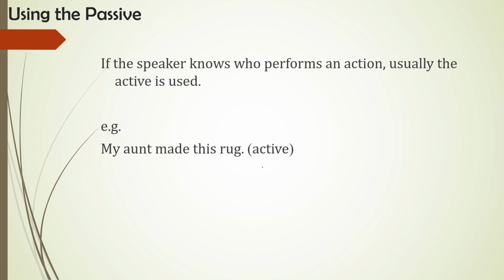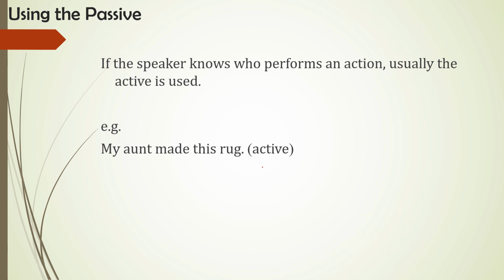Okay, then if the speaker knows who performs an action, usually the active is used. If we know already who performs an action, the active one is frequently used. But we must make sure the event or the process or the action is not really more important than the doer.